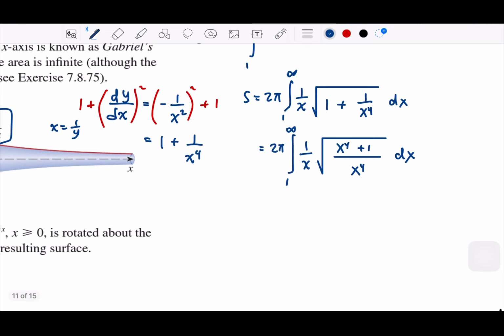I will factor out the x to the power of 4 for the denominator. So this will be the square root of x to the power of 4, and then x to the power of 4 becomes x squared, multiplied by x is x cubed, right?